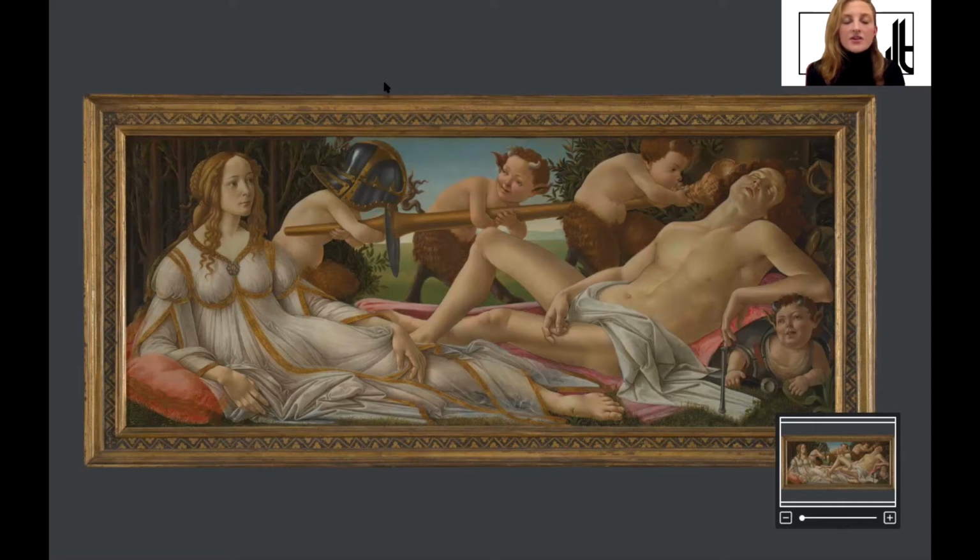Now, I don't think we actually have any spalliere left in their original position, which is a great shame because they suddenly become paintings when they're out of context, but they would in fact have been part of an interior decorative scheme.